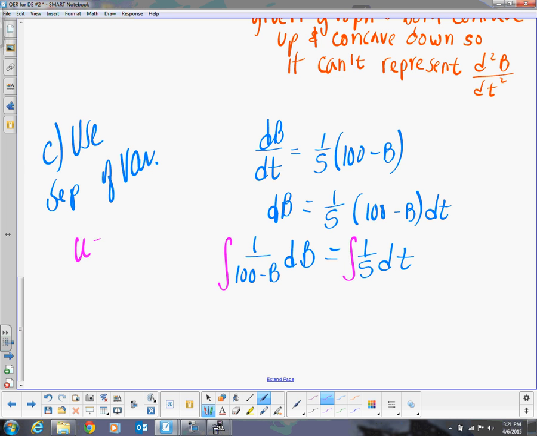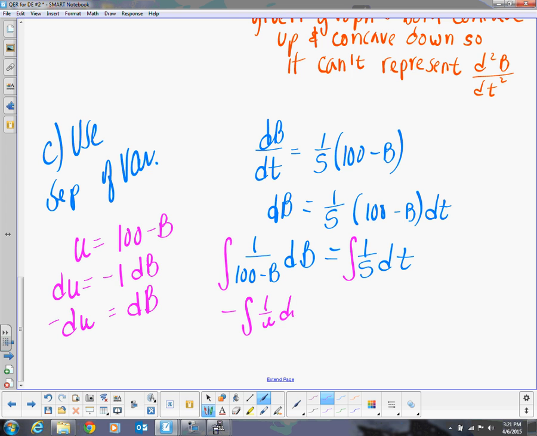We will use u substitution, and du is equal to -1 dB. So dB is equal to -du. This is another area where our integration could be wrong. And when I integrate this side, I'll just have 1/5 t plus c.